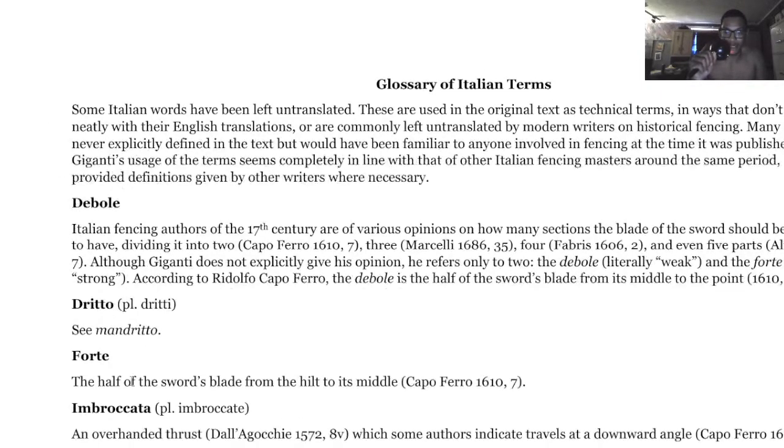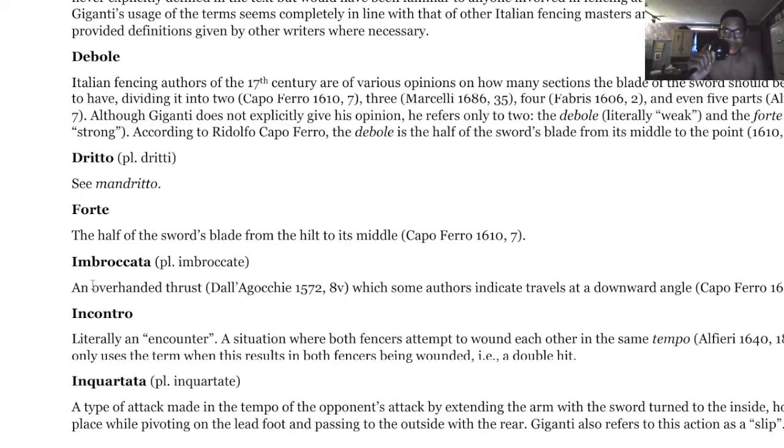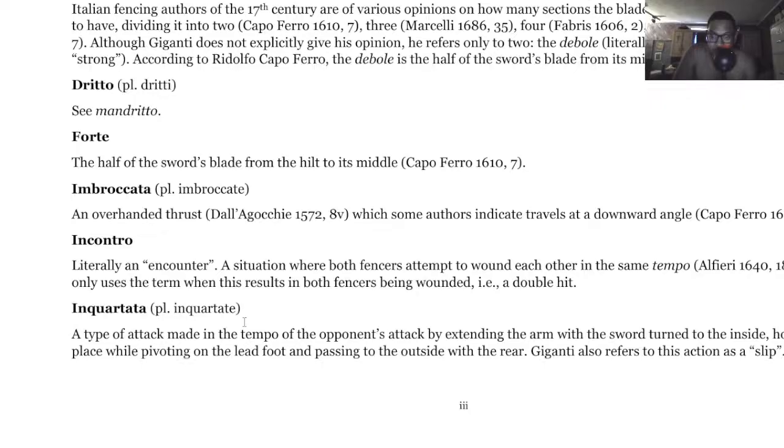Dritto, si mandritto, forte, half of the sword's blade, from the hilt to its middle. Imbroccata, an overhand thrust, which some authors indicate travels at a downward angle. Incontro, literally an encounter, a situation where both fencers attempt to wound each other in the same tempo. Quartata, a type of attack made in the tempo of the opponent's attack by extending the arm with the sword turned to the inside, holding it in place while pivoting on the lead foot, passing to the outside of the rear.